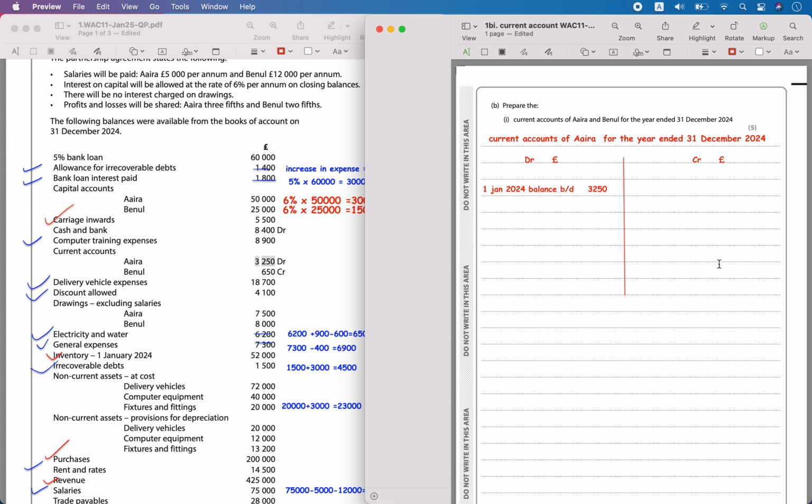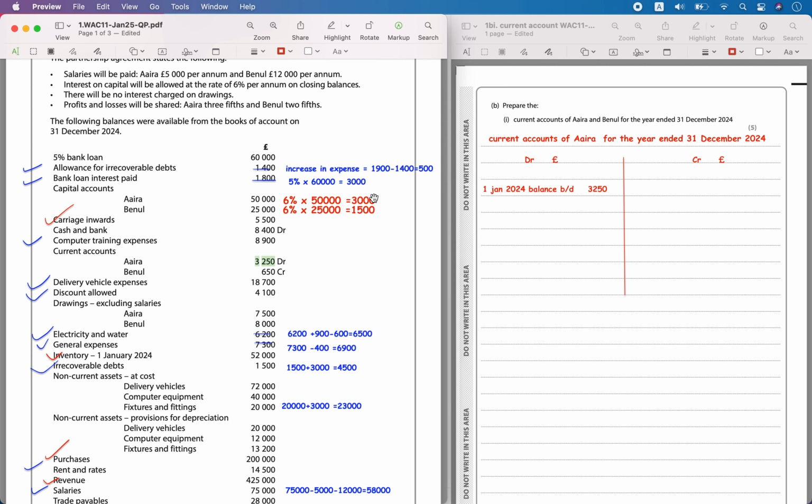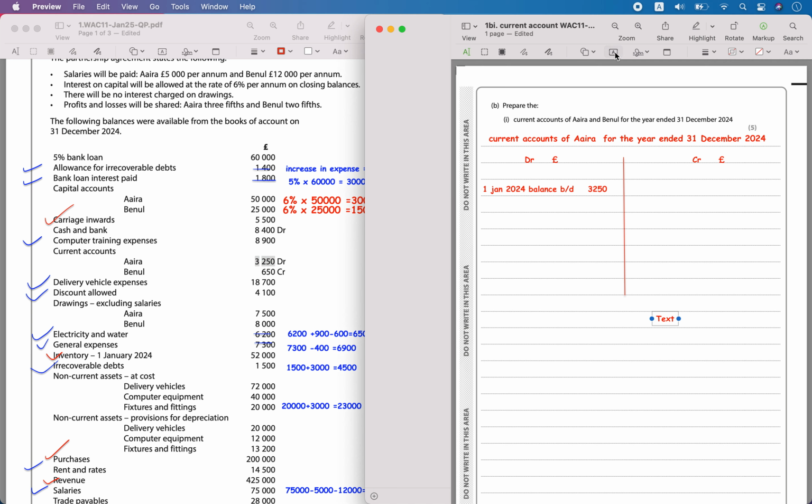And then we have interest on capital. The interest on capital is given here as 6% per annum on the closing balances of the capital. So what was the interest paid on capital on 31st December 2024?